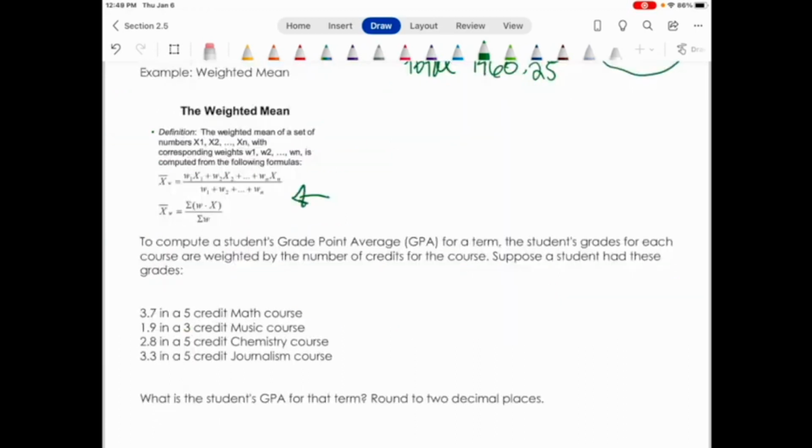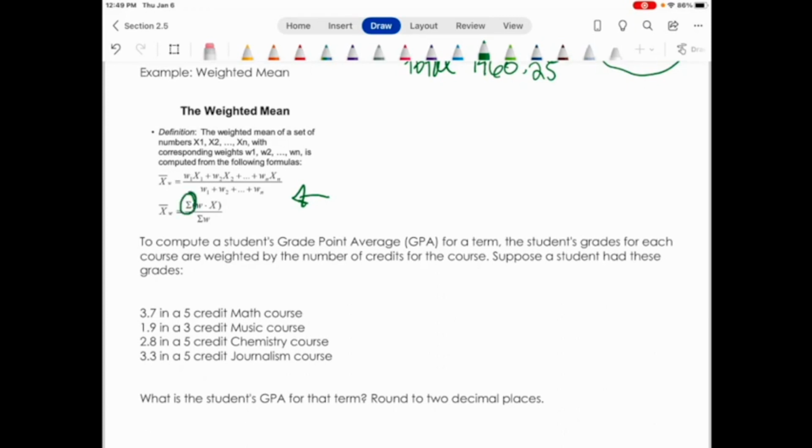And here's our fancy formula for that. All this means is all your x values represent your data values. So x1 is the first data value, x2 is the second data value, etc. And then the w's are the corresponding weights. So w1 is the weight for the point x1, w2 is the weight for x2, etc. Then you add up all of those products and then you divide by the total weight.